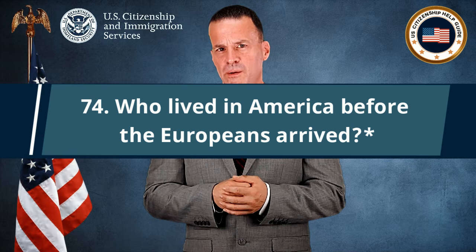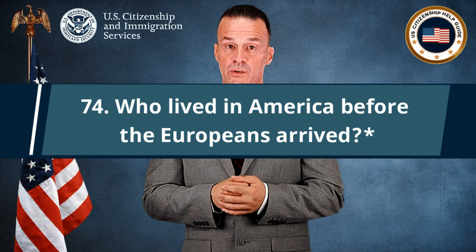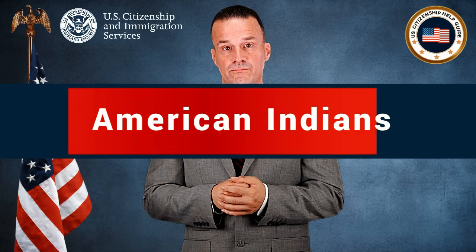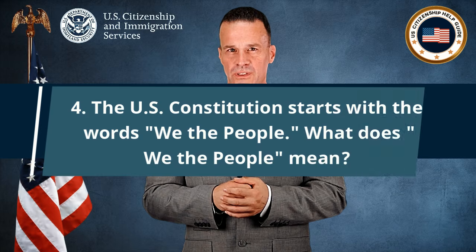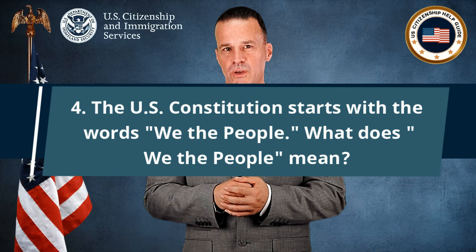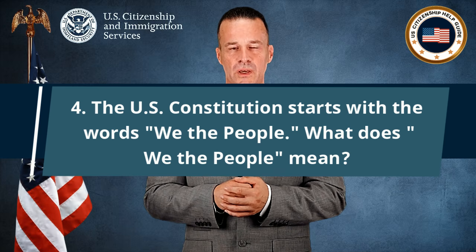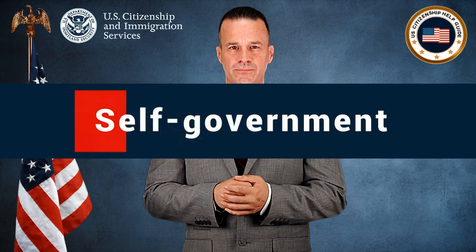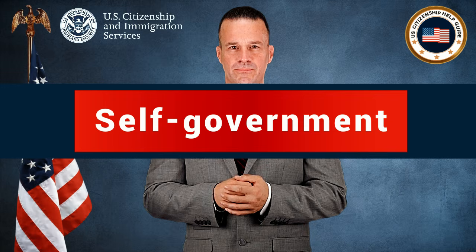Who lived in America before the Europeans arrived? American Indians. 4. The U.S. Constitution starts with the words, "We the people." What does "we the people" mean? Self-government.